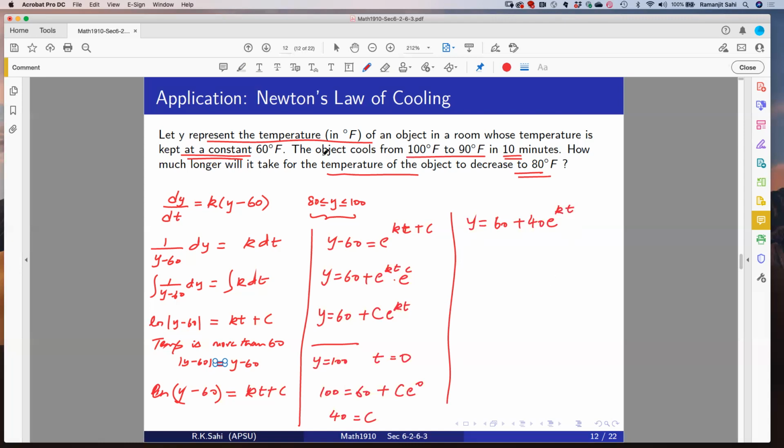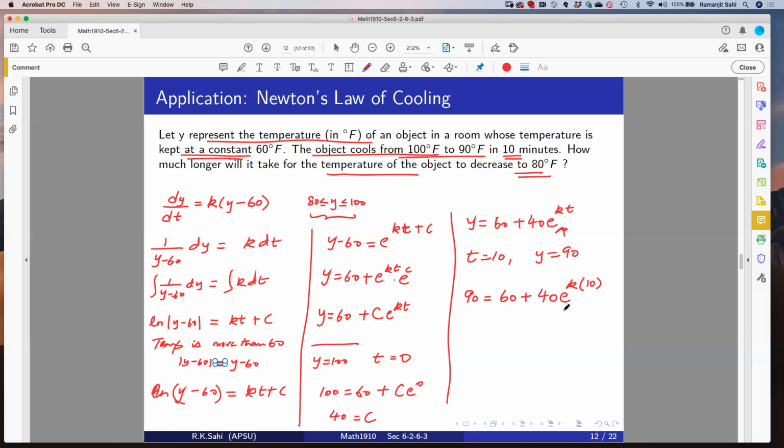Now the second line in this word problem says it takes 10 minutes to go down to 90 degrees. That means t is 10. When t is 10, the temperature is 90. So let's write it down. 90 equals 60 plus 40 e to the power k times 10.